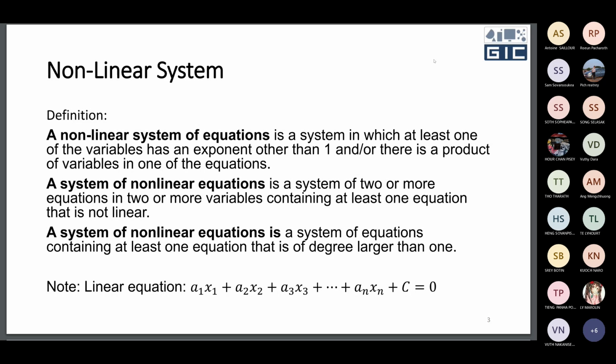And for the other definition, we talk about the result of the equations. It's the same as the first definition. When you have a combination of equations and those equations contain at least one equation with a degree higher than one, meaning the exponent is more than one, that system is a nonlinear system.